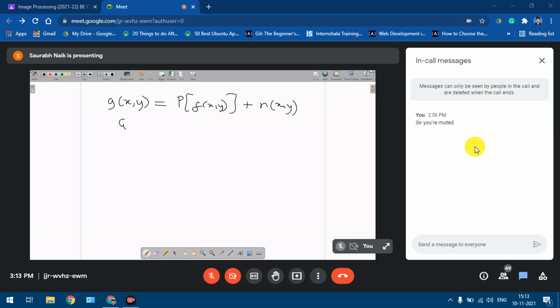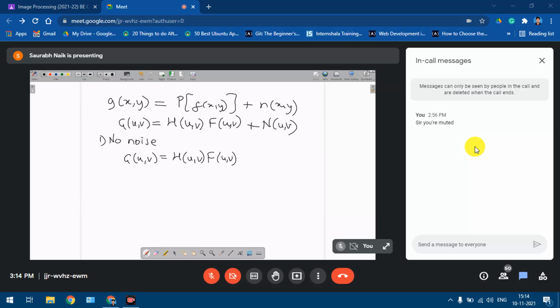So if I write this as g of u comma v is equal to h of u comma v multiplied with f of u comma v plus n of u comma v. Okay, so this entire equation itself, we are rewriting it in the frequency domain. Now, in the first case, if there is no noise, then we have the equation g of u comma v as h of u comma v into f of u comma v.